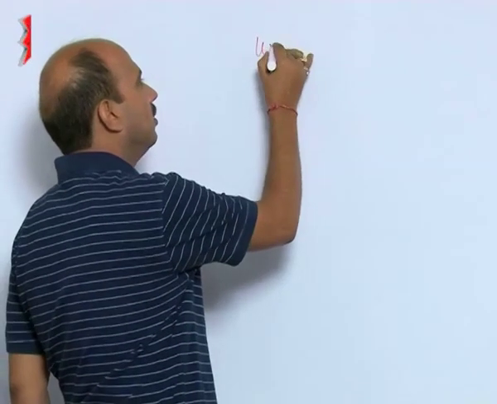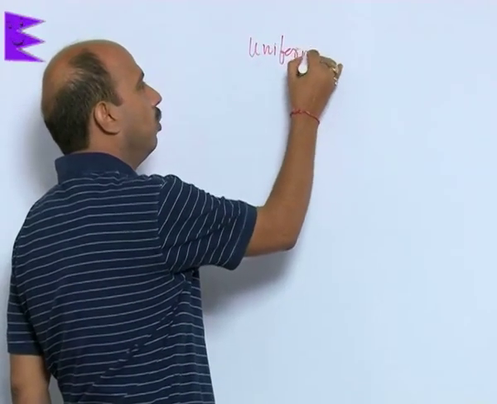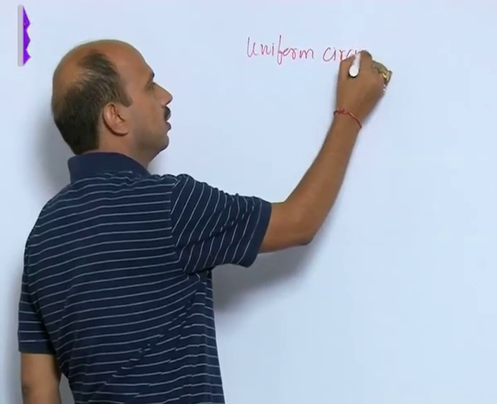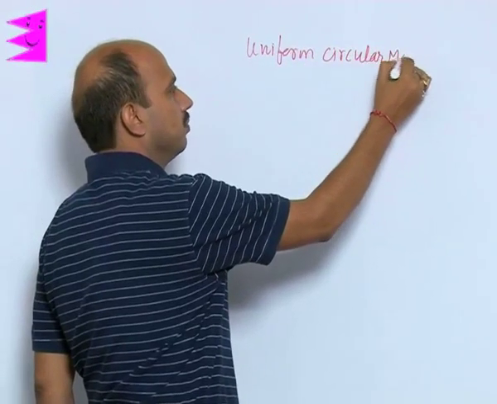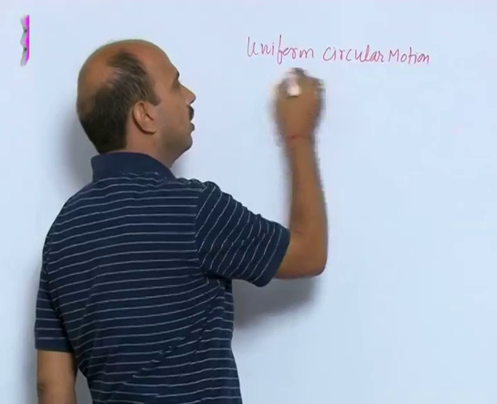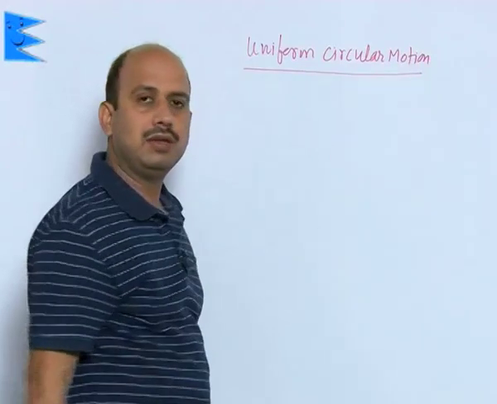Now we will do uniform circular motion. See, till now we were doing motion along a straight line. Now we have to take circular motion. So, first we will discuss uniform circular motion. It's a very simple example.